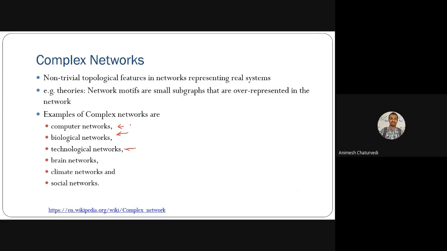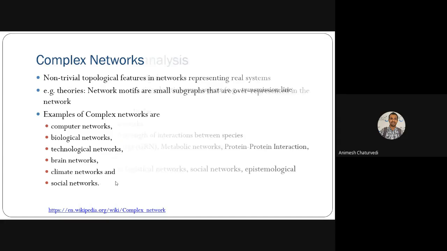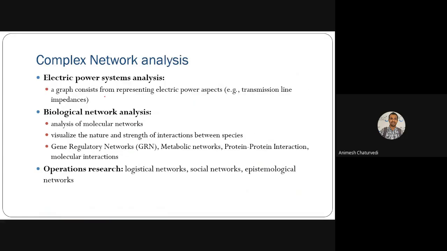Like in a computer network, various computer machines are having data transfer, with packets being transported on the data link layer. Then in a social network, you have various friends connected to you, and various persons joining various communities. So this type of graph could be plotted, and this type of study could be possible.